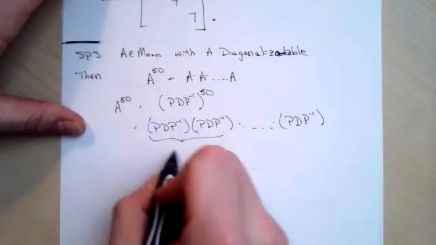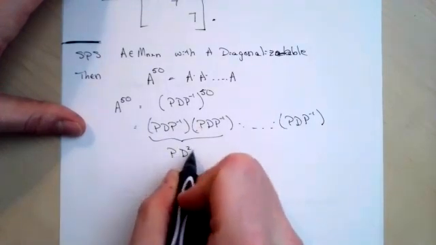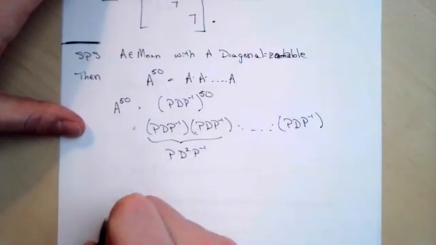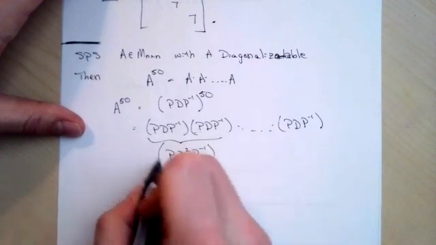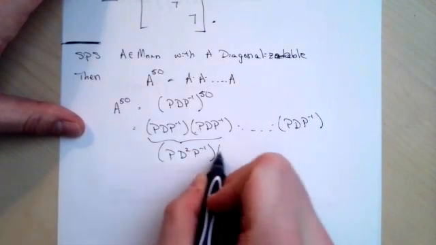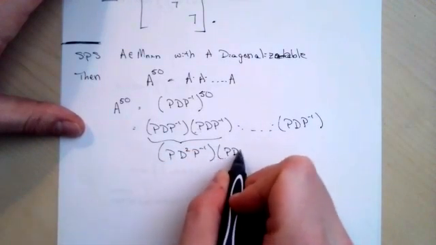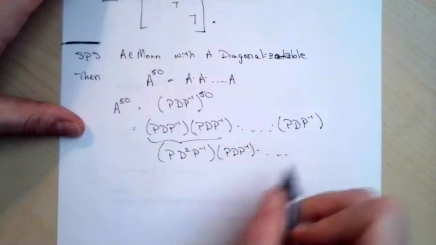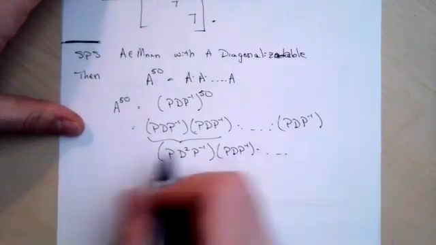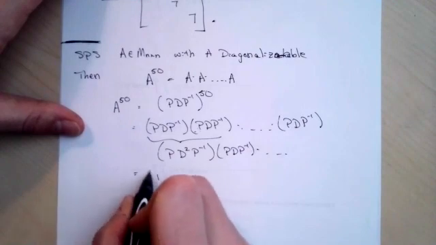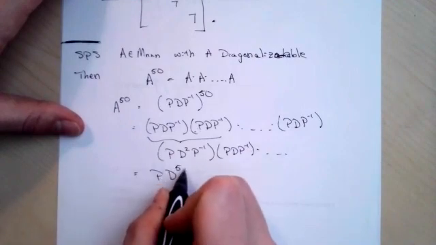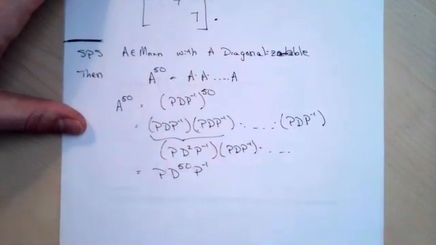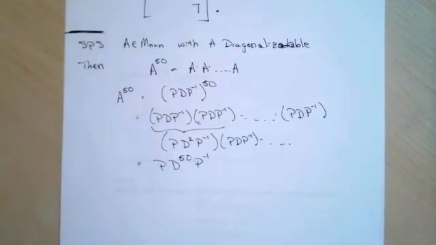So we would combine these two, and it's just P D squared times P inverse. And then, of course, we still have the product of the rest. And every time you do that, what's your net result? It's going to be something like this.